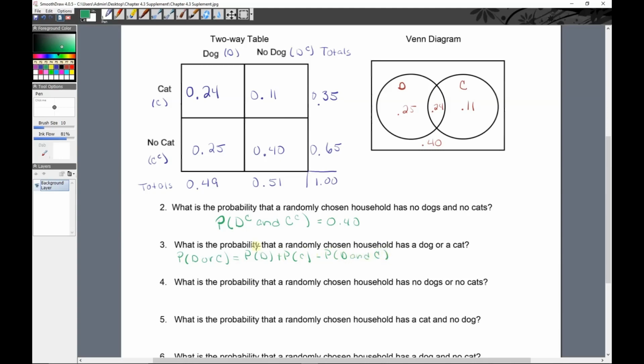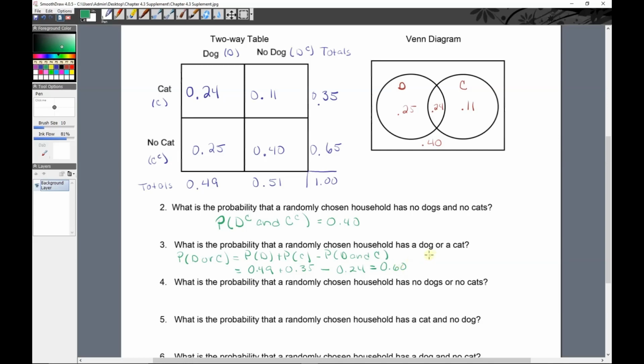And those are all available up above. So the probability of owning a dog is 0.49. The probability of owning a cat is 0.35. And the probability of owning both is 0.24. And when you total up everything, that is going to be 0.60.